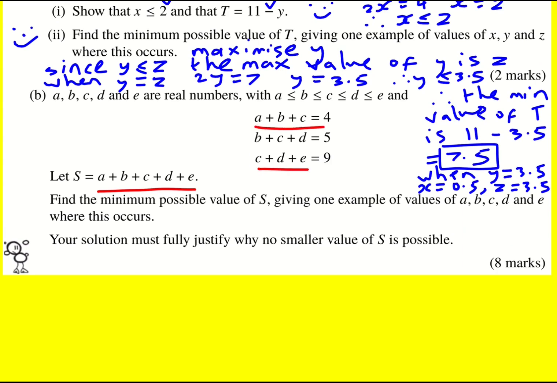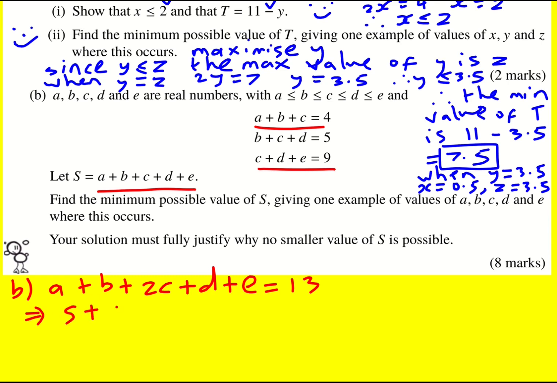Instead, you want to add up just the first and the third. So A plus B plus 2C plus D plus E is equal to 13. And this implies that S plus C, there's an extra C there, is 13.